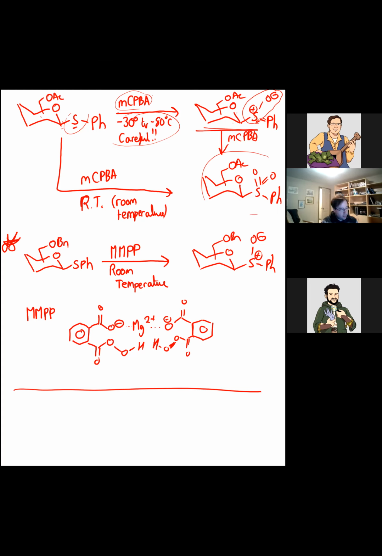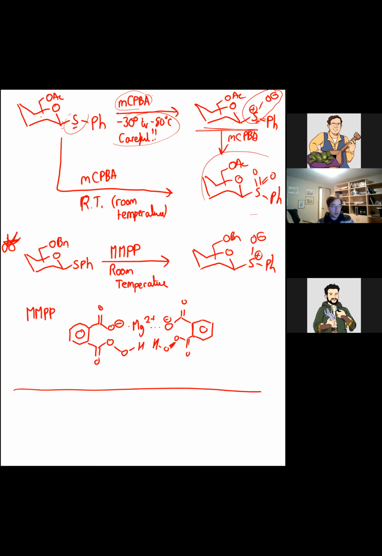But the problem, of course, is if you try and do things really cold, then reactions are really slow. So you're always trying to keep it as cold as you can to get selectivity. But then you want to keep it as hot as you can to get reaction rate. Minus 30 to minus 80 is a 50-degree difference.